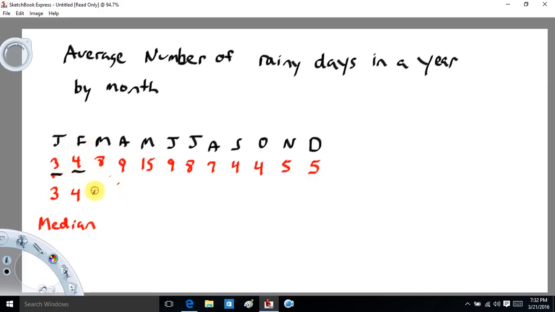We have 2 more 5s. A 7. 2 8s. 2 9s. And the 15.